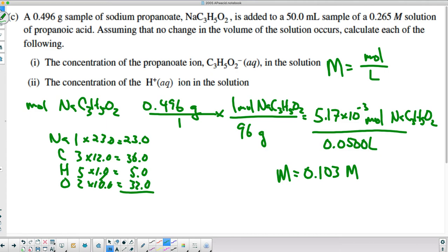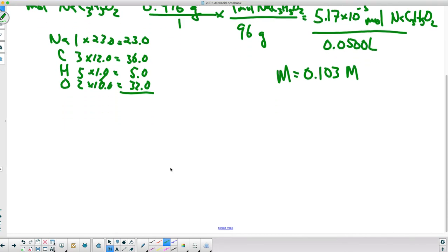The concentration of the H plus ion in the solution. So now we are starting. I'm going to stay on this page, get myself a little more room and switch colors. This is the answer to I1 right there. Let's move to red and do I2.